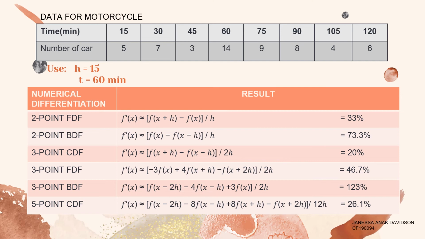And the last one, 5-point central difference formula, CDF, the result is 26.1%.